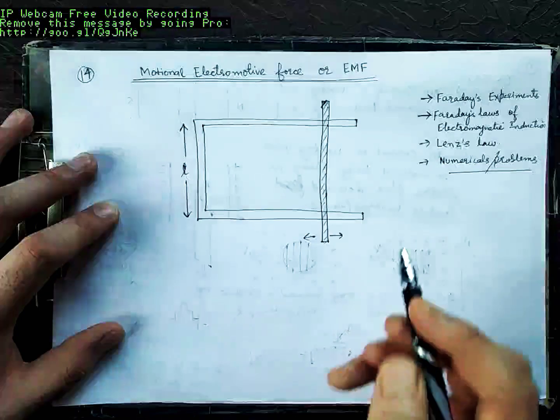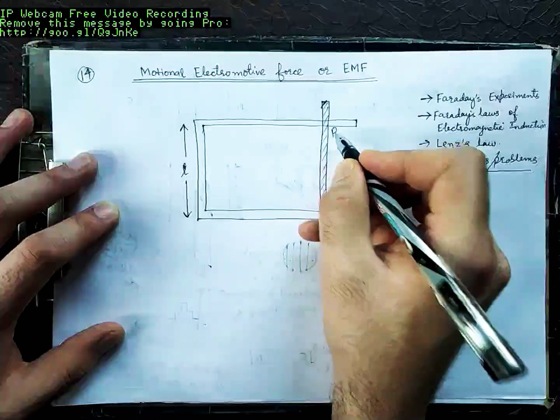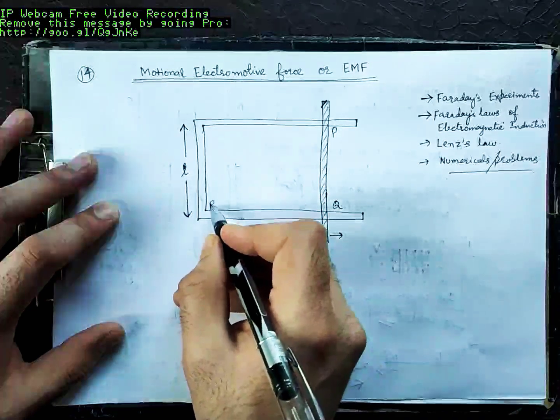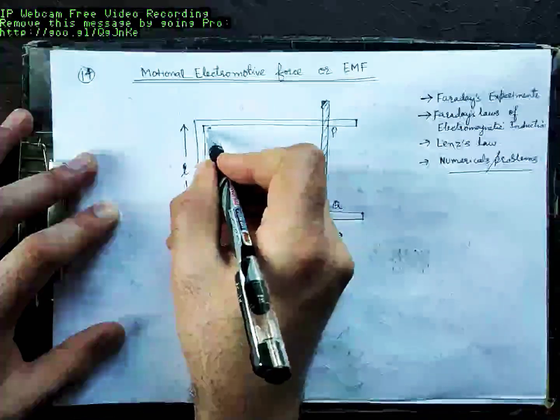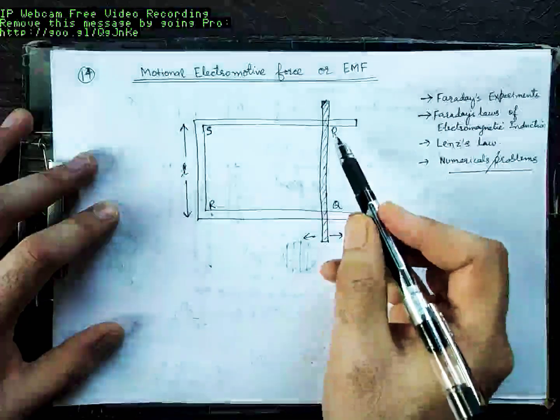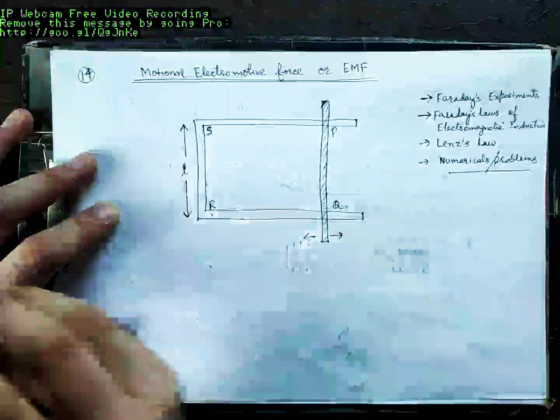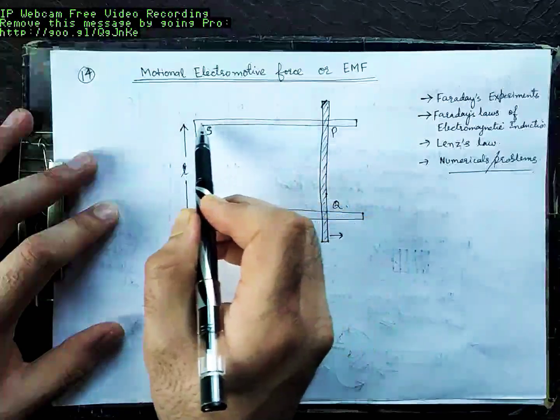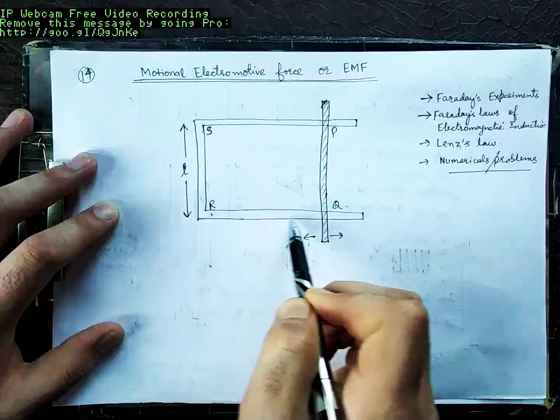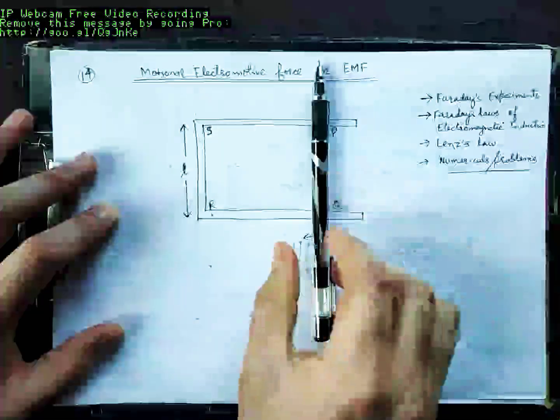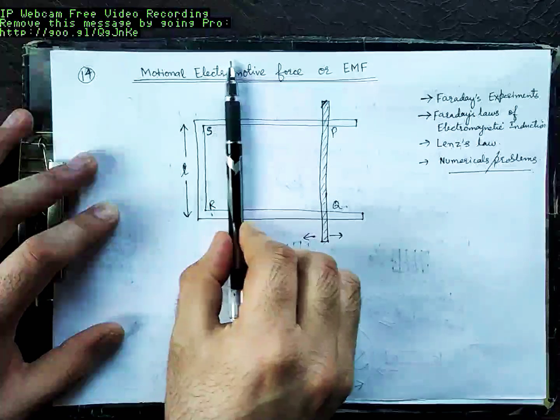Let me name this. I will call this point P, this point Q, this point R, and this point S. So you have a rectangle over here, PQRS, where this structure, which is unshaded, is stationary, while side PQ is free to move, either in this direction or in this direction.